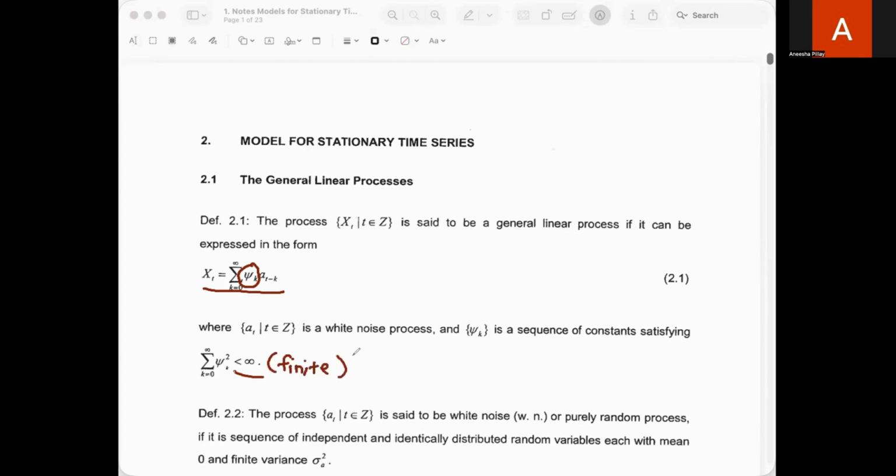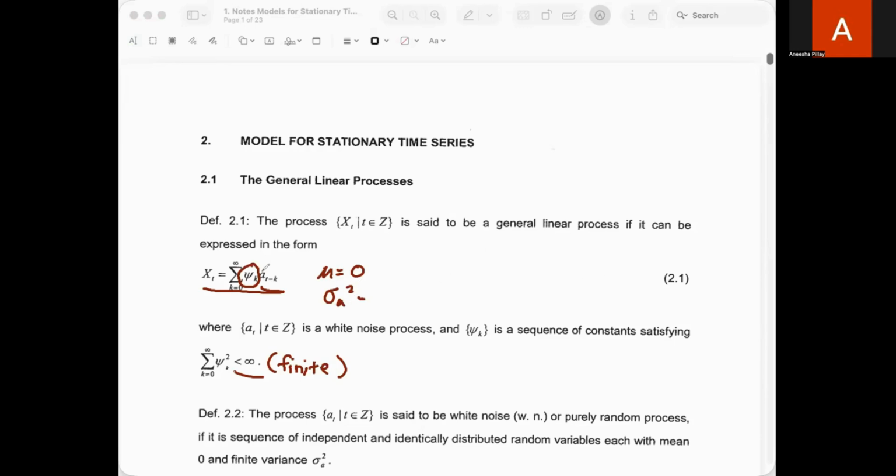And the a_{t-k} here is a white noise process, or you can say a pure random process, with mean zero and constant variance.